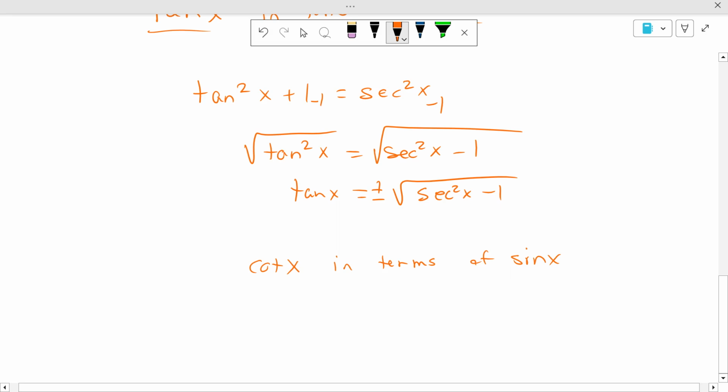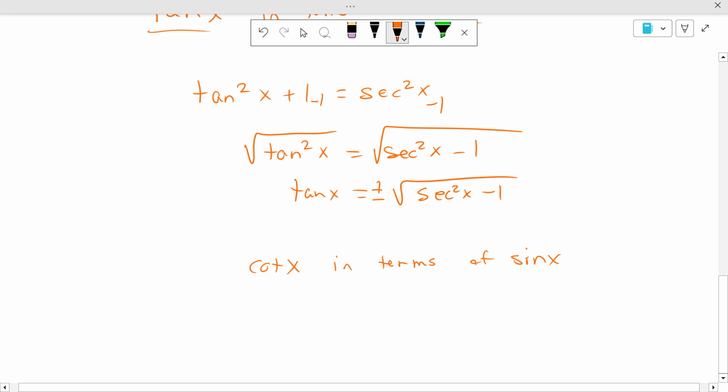But that's not just in terms of sine only. It's cosine over sine. So we can't do it that way. So is there a Pythagorean identity involving cosine and something associated with sine? Well, the Pythagorean identity with cotangent is what? Cotangent squared of x plus 1 equals cosecant squared. And can I put cosecant squared in terms of sine?